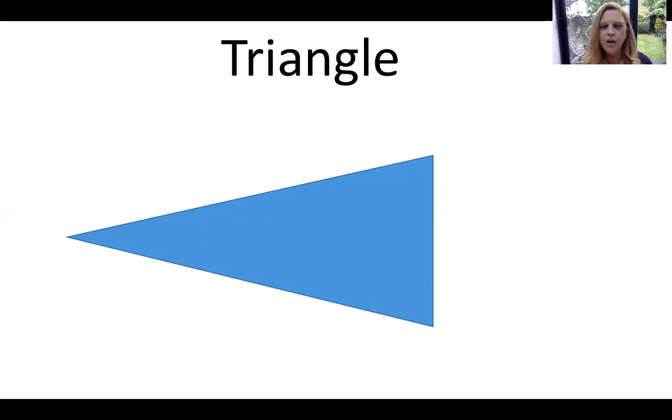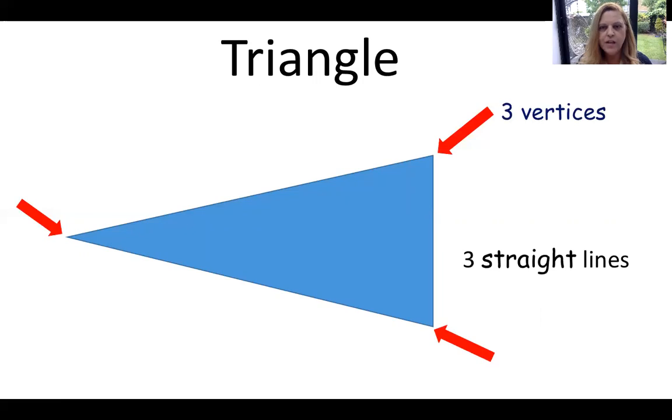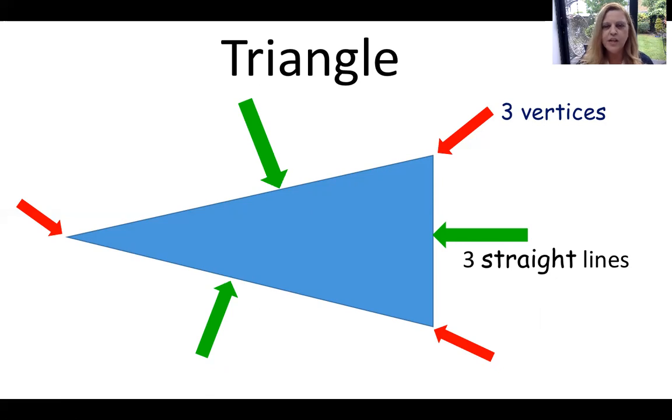But all triangles have 3 vertices, 3 corners, 1, 2, 3, and they have 3 straight lines, 1, 2, 3. So triangles have 3 vertices and 3 straight lines.